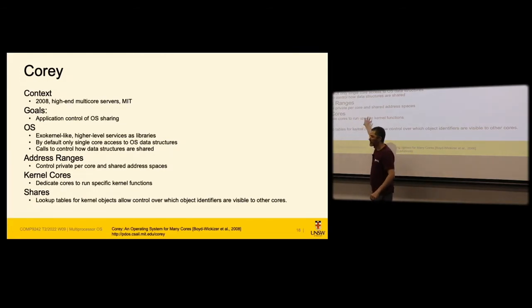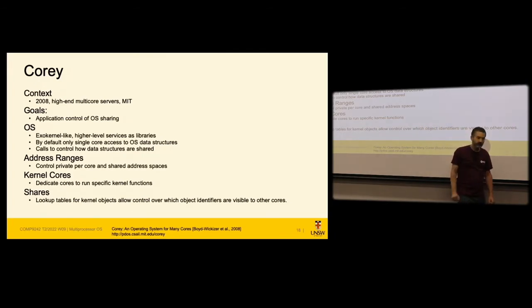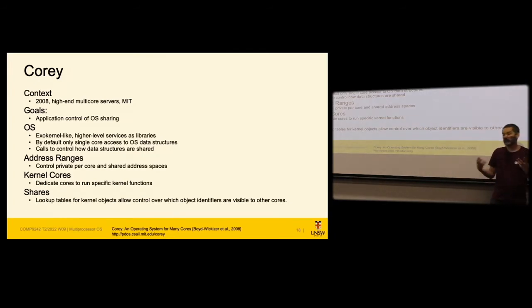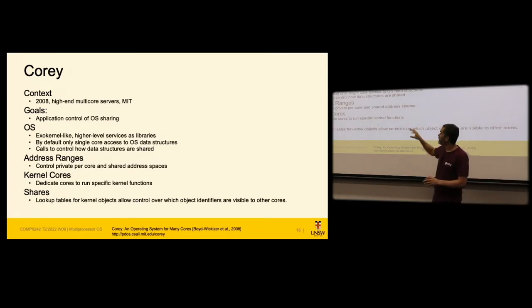The idea of cores itself, so you could manipulate how many cores are available for an application. And then shares, so how are data objects shared? And so you could control all of those. That was an interesting approach to things. Of course, it was an experimental OS, but the idea was to give more control to the application, which knows how much sharing is going to be needed.